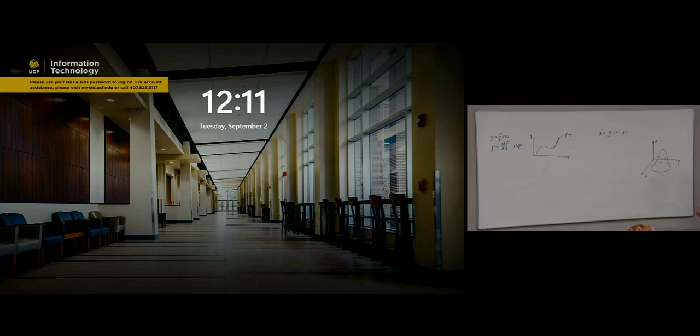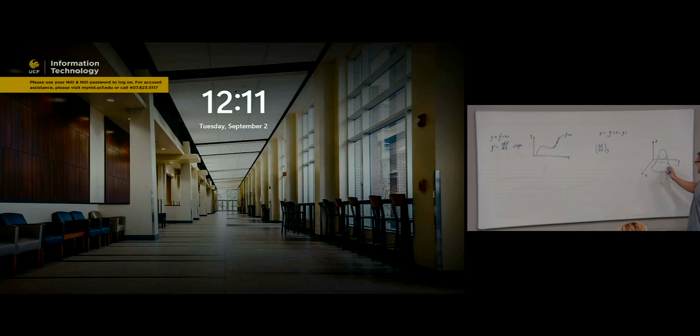So the partial derivative means, or more precisely, partial derivative means we only move along the x direction, but keep the y direction constant, and check how much the z direction changes.